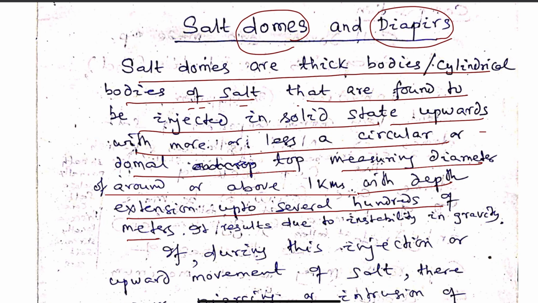So it presents a huge salt body that moves upwards because of its low density compared to the surrounding. So there is an instability in gravity, as a result of which these salt bodies try to move upwards, producing a domal structure which we commonly describe as salt domes.